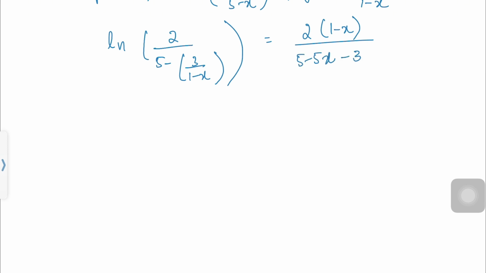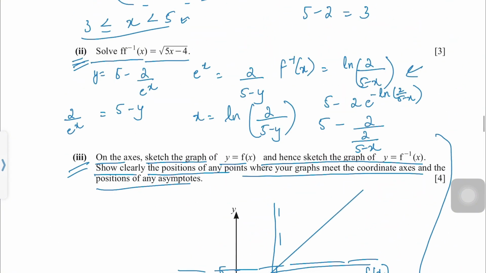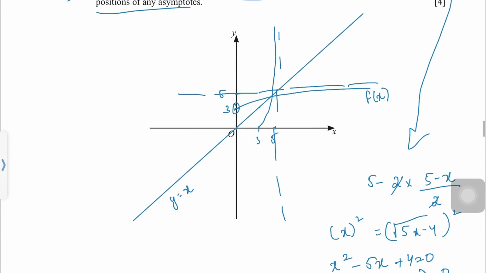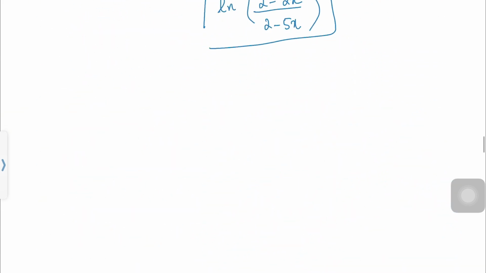That over 1 minus x is then multiplied here. So our final answer would be ln of 2 minus 2x over 2 minus 5x. Let's just circle our final answers as well. Previous final answer, I guess we are done.